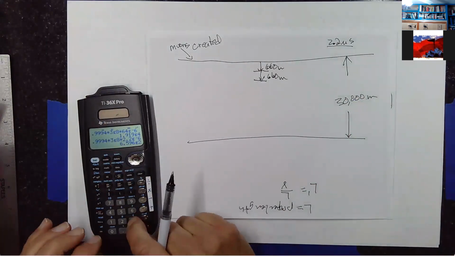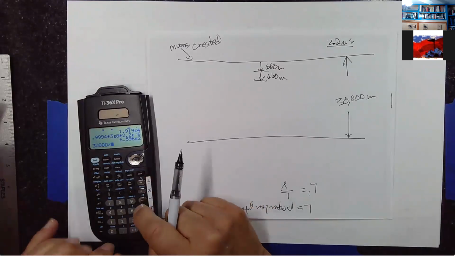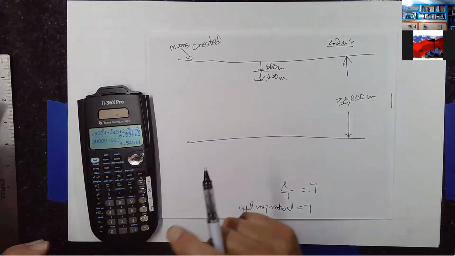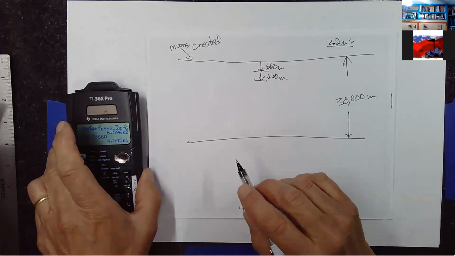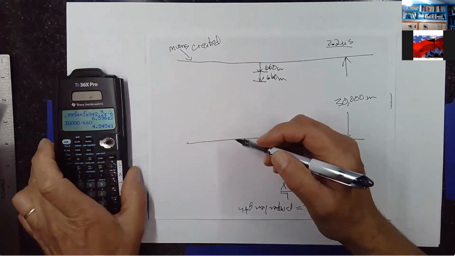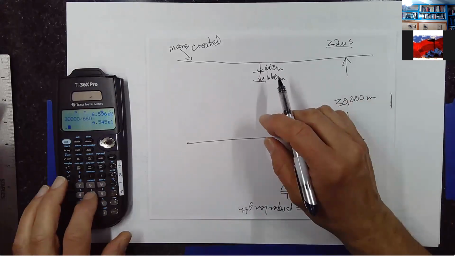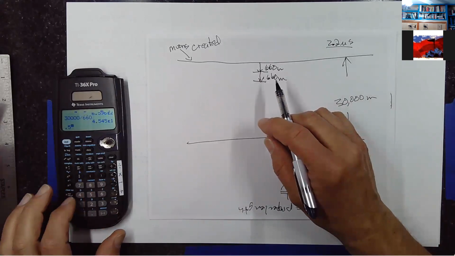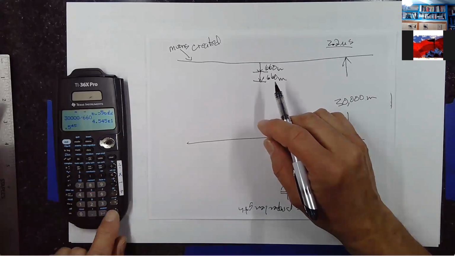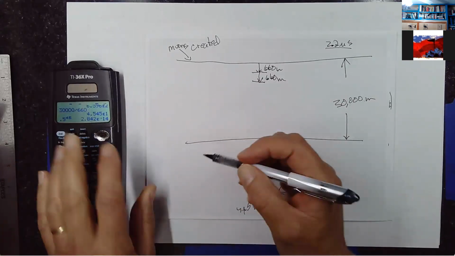So if we take 30,000 and divide by 660, you've got about 45 halvings that would occur. And if you take 1/2 to the 45th power, and this is just approximate, you'd get about 2.8 times 10 to the minus 14th.